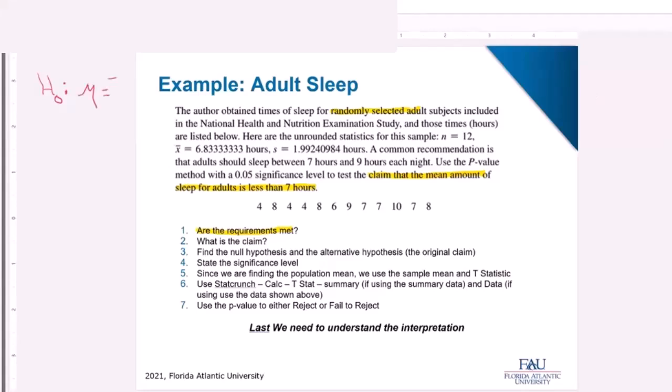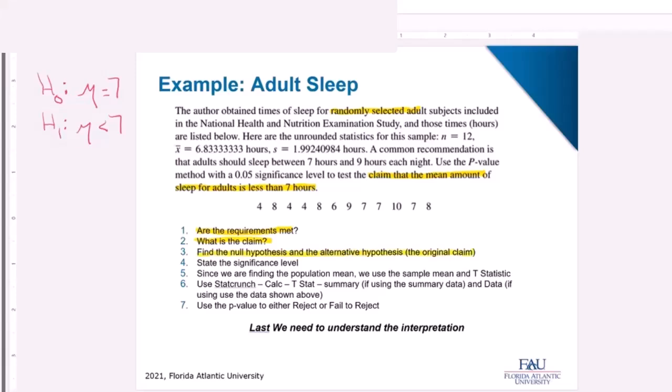For the null hypothesis, mu equals 7. Then H1, my alternative hypothesis, is mu is less than 7 hours, because that's the claim. We found the null hypothesis and the alternative hypothesis. The alternative hypothesis in this example is the claim.